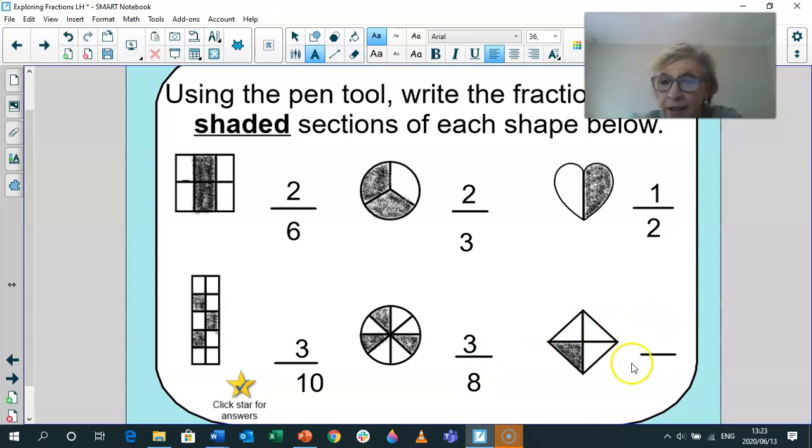Here's a kite or a box or a square which has been divided into 4 equal parts, and 1 out of those 4 parts is shaded. Right, so 1 out of 4 is shaded. There we go. We've created our own fractions perfectly fine.